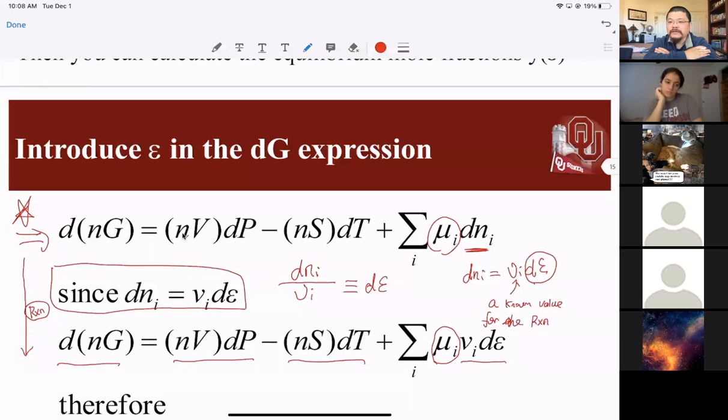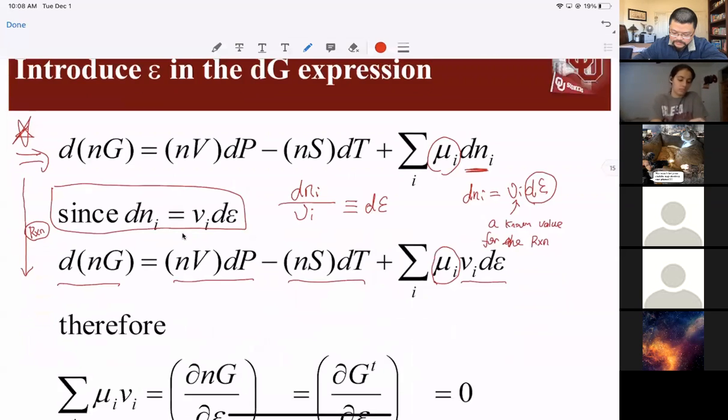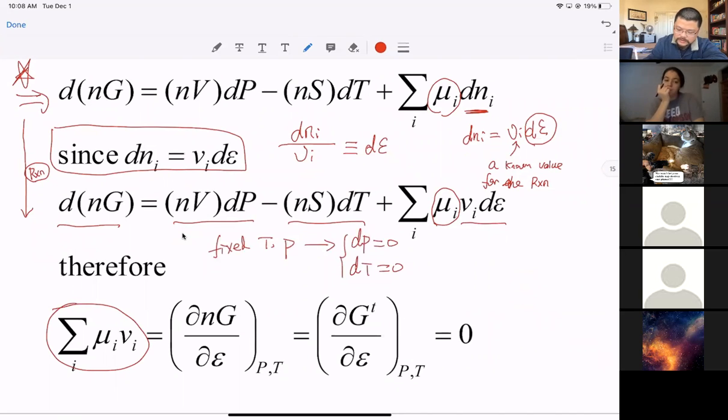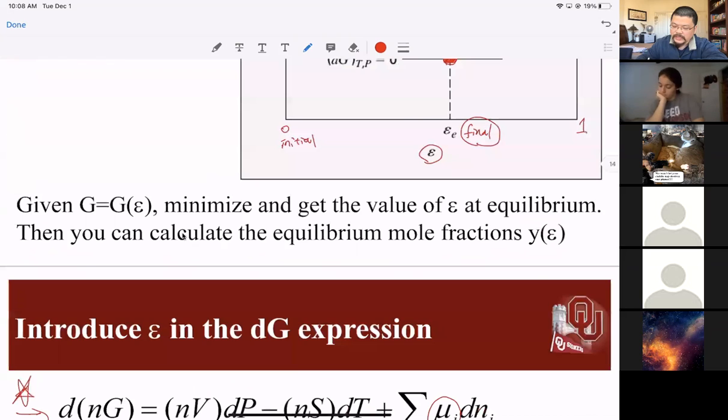So over there you can see that if the temperature and pressure are fixed, meaning dP and dT would be 0, then at the reaction equilibrium we shall have dP is 0, dT is 0. So at the equilibrium, we shall receive dG over d the reaction coordinate, which is coming out of the previous plot.